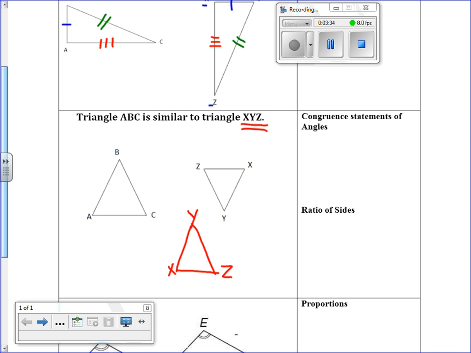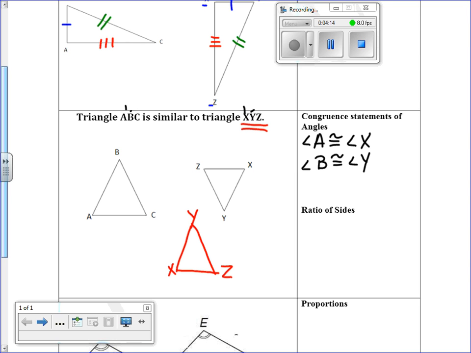One cool thing about similar triangles is that their angles are congruent. That means their angles are equal. So I can say angle A is congruent to angle X, going in the same order. Then angle B is congruent to angle Y. We can either look at our picture or look at the order in which our values are listed.